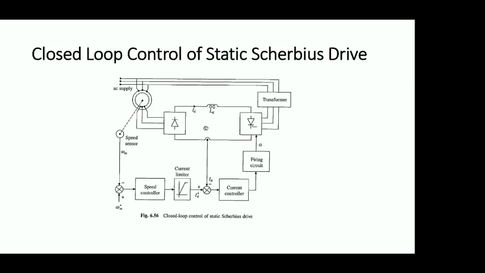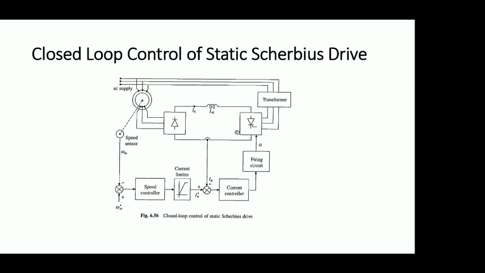As you can see here, this is your rectifier, and this is your inverter circuit. I have just shown it in a block, and here Id is the current which is passing, the rotor current passing after rectification to the inverter.